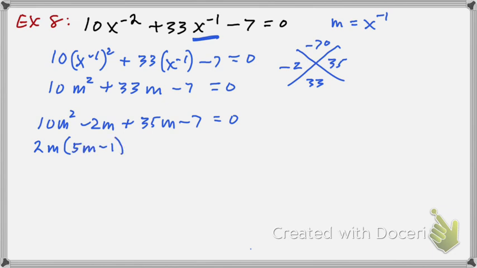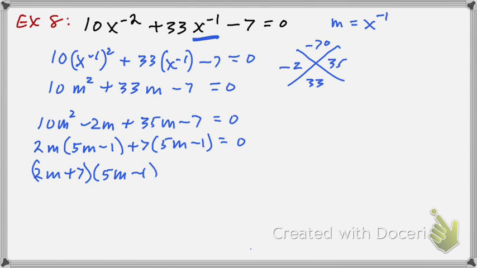And I can pull out 7, can't I? So I'm getting 2m plus 7 times 5m minus 1.